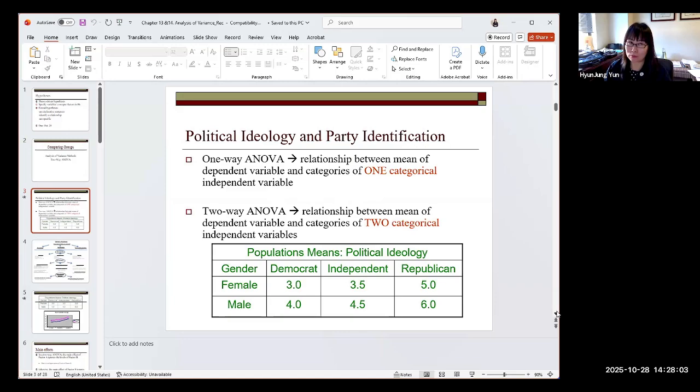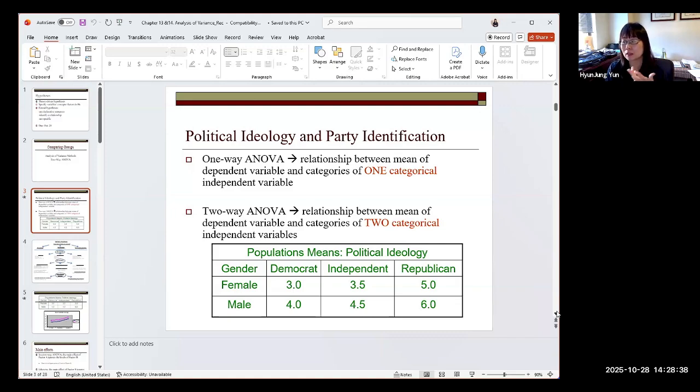When we go back to what we used as an example last week, when we compared across the different political party affiliated groups how their political ideology varied, Republicans are different from Democrats in terms of their ideological spectrum. That was what we wanted to confirm. That is one-way because we use one independent variable.